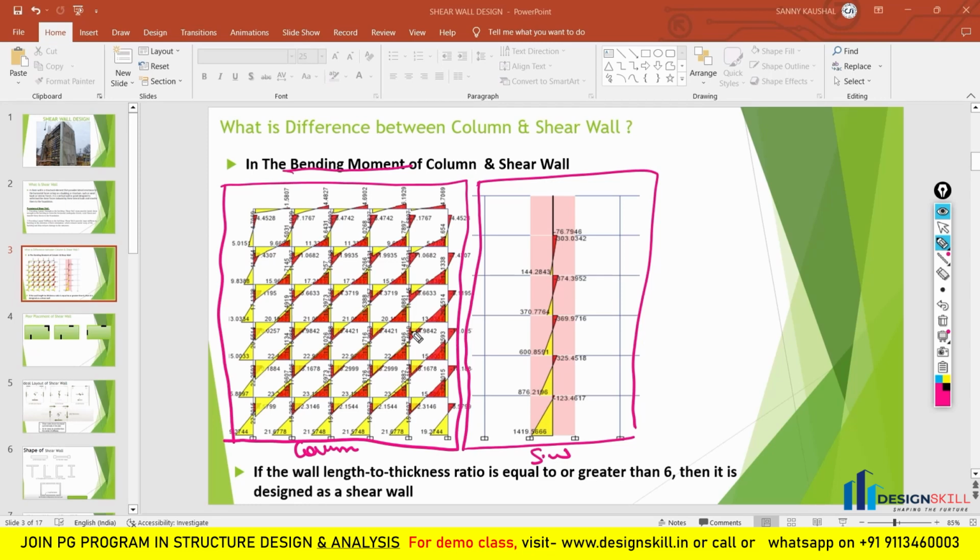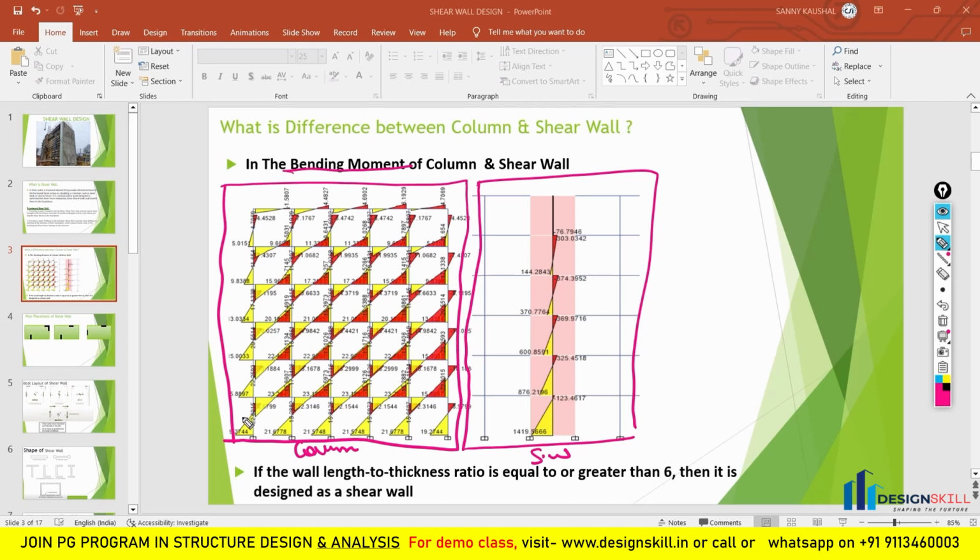The point of contraflexure means where the bending moment is 0, or where the bending moment changes from negative to positive. That is the point where you will find a 0 bending moment. You will find in the column that the point of contraflexure, where the bending moment is 0, is in the middle of the story.